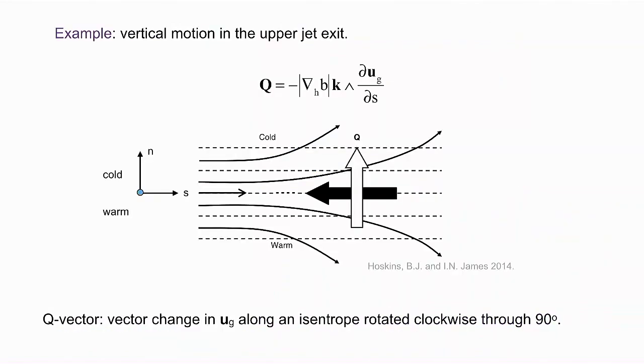Let me do an example to show you that this is not as hard as it sounds. This is an example that Steve talked about yesterday. It's the vertical motion in the jet exit. So what do I mean? This is a really typical synoptic weather pattern. So these are the isentropes. They could be theta, they could be temperature, they could be B that I've used, it could be even thickness. Cold on this side, warm on that side.